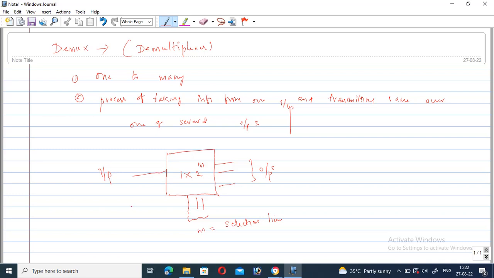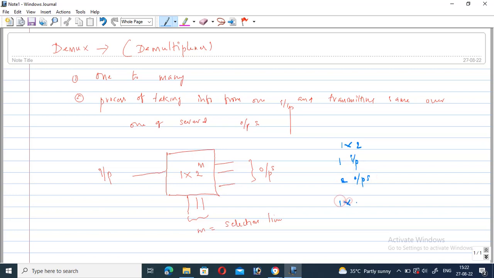Generally, if you take a 1 by 2 demux, it consists of one input and two outputs.